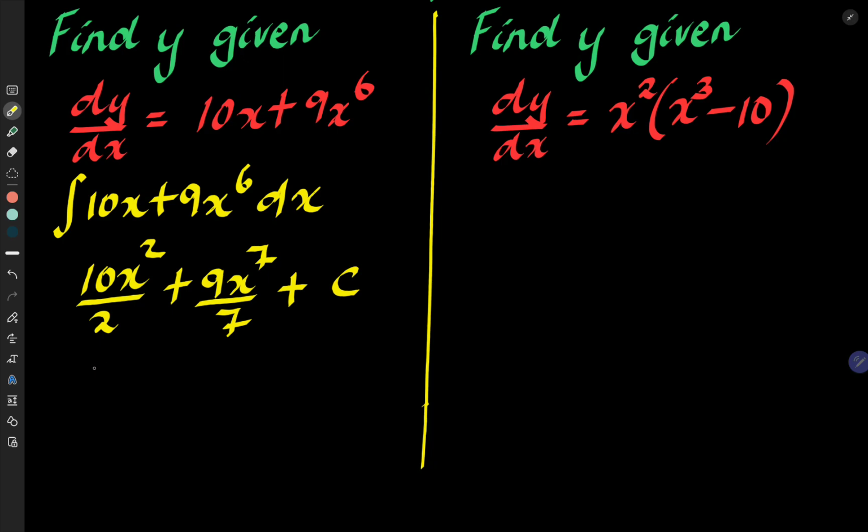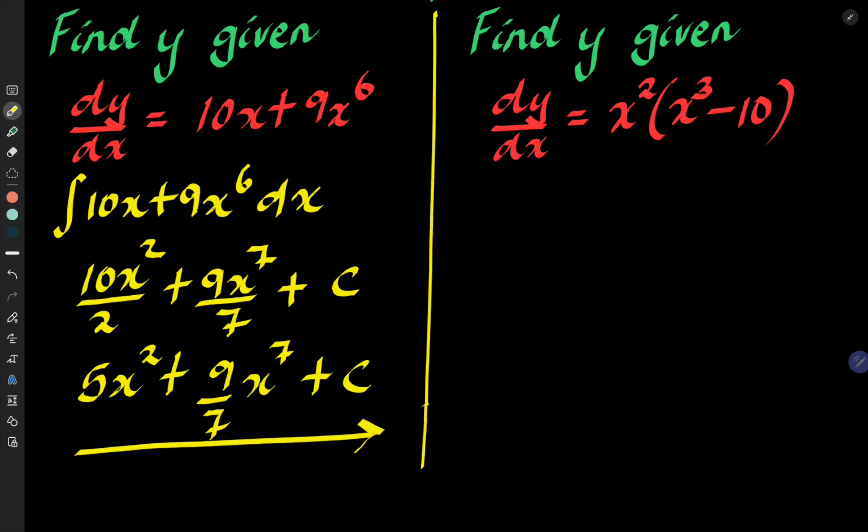And this can be further simplified to 5x squared plus 9 over 7 x to the power 7 plus a constant c. And that is your y function.